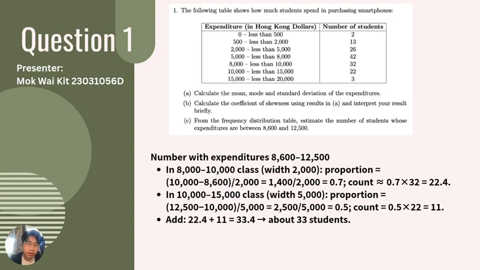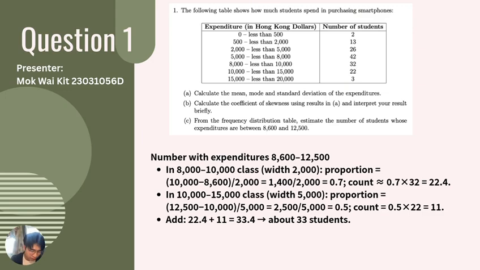And then in question C1C, let's estimate how many students spent between $8,600 and $12,500. So we're going to calculate the proportions of students in the relevant classes that fall within this range.